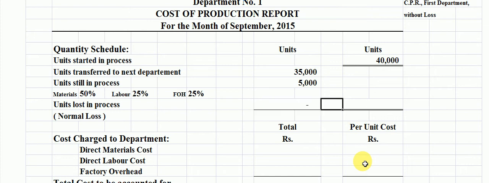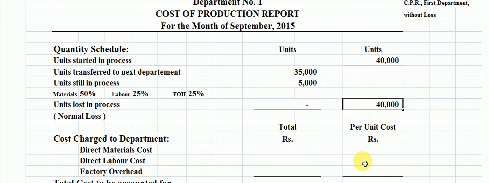Now we have to add both the values, transferred units and units in process. Students, this is the 40,000 units. It is to be remembered here that the units started in process, 40,000, should equal this number of units.